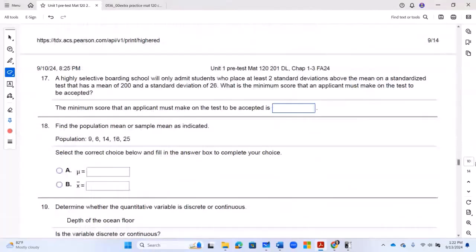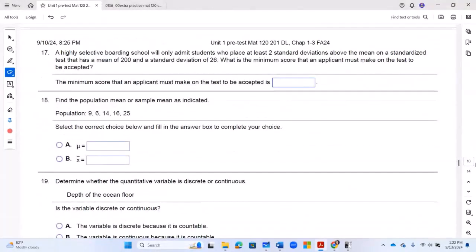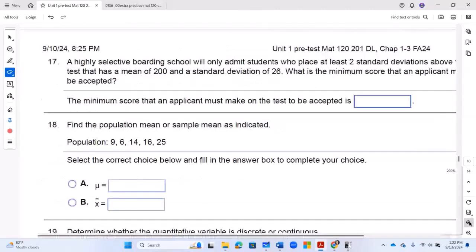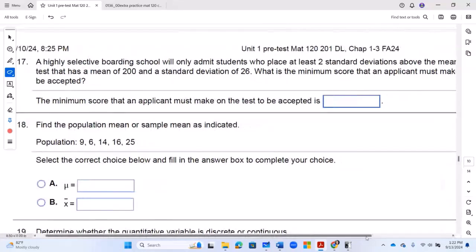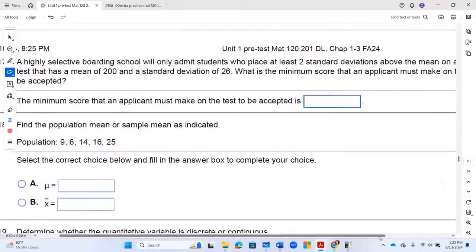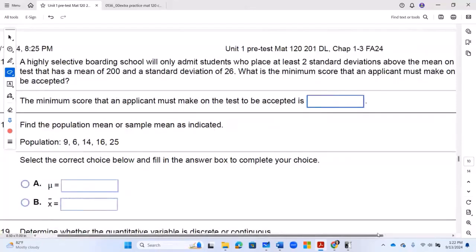Remind them that whenever you are given a normal distribution question, whether it is a real world problem or not, you are required to draw a normal curve. So this question says a highly selective boarding school will only admit students who place at least 2 standard deviations above the mean.